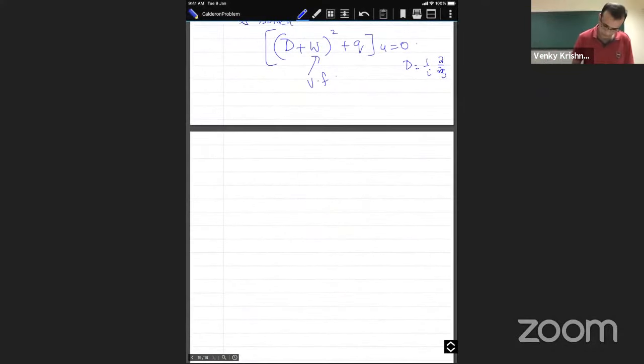Before I end, some references. As far as introductory reading is concerned, I would definitely suggest Mikko Salo's notes.